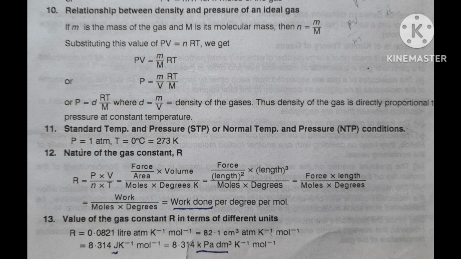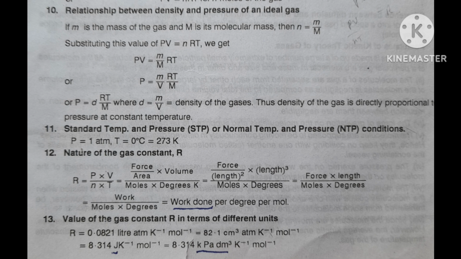R is equal to 0.0821 liter atm, atmospheric pressure. There are 4 terms in the unit: liter and atmospheric pressure, that is for work done, and per Kelvin per mole. Always these last 2 terms will be common. Per degree means per Kelvin per mole. This will always be common, and the beginning 2 terms will change.